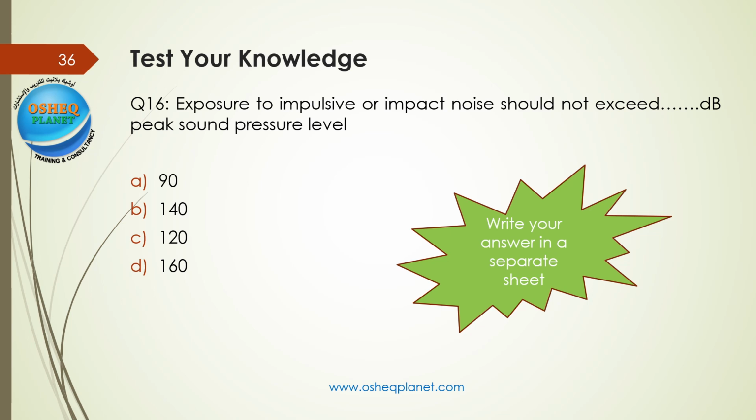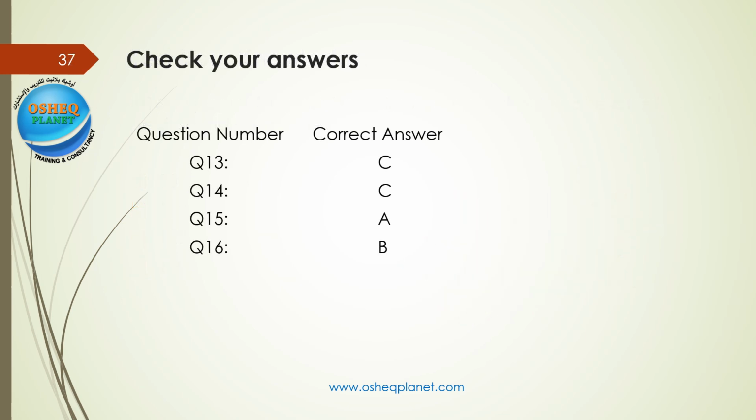Exposure to impulsive or impact noise should not exceed how many decibel peak sound pressure level? 1. 90. 2. 140. 3. 120. 4. 160. It's your turn now to check your answers at your sheet.